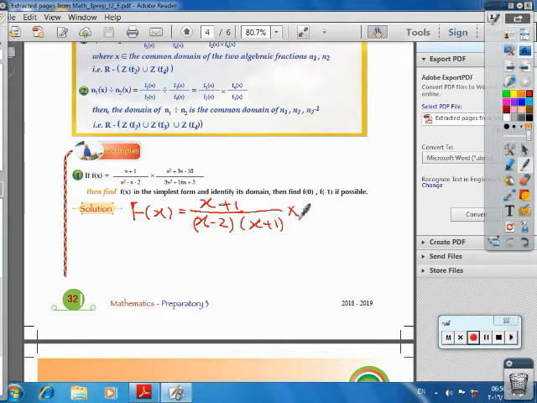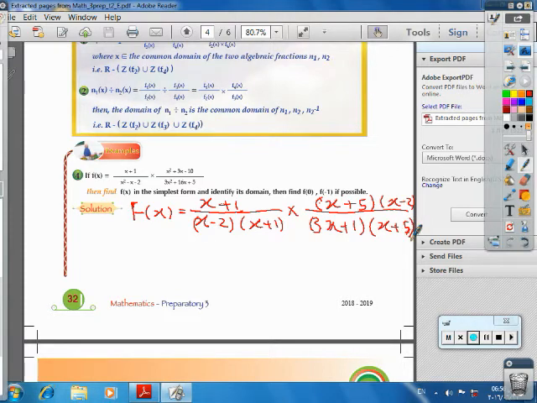We also factorize the numerator in the second fraction and the denominator in the second fraction: (x plus 5) times (x minus 2) over... factorize it also: (3x plus 1) times (x plus 5).